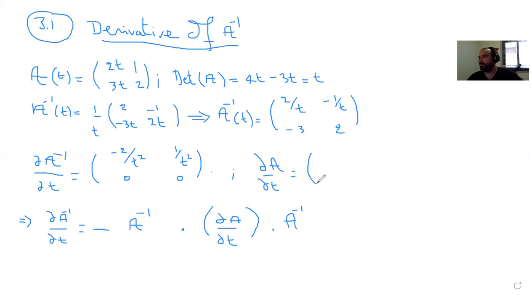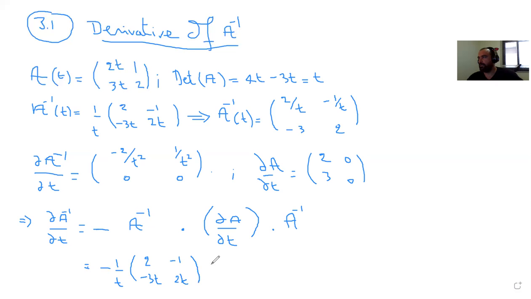It's going to be equal to 2, 3, 0, 0, okay? And all the choices you had in the quiz carried this in the middle. So basically, I can now just write it. It's going to be equal to minus 1 over t multiplying 2, minus 3t, minus 1, 2t.